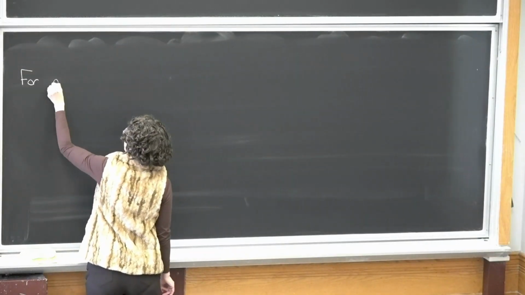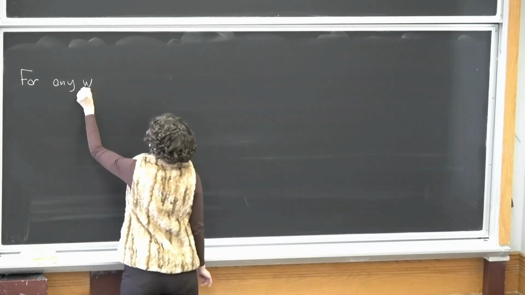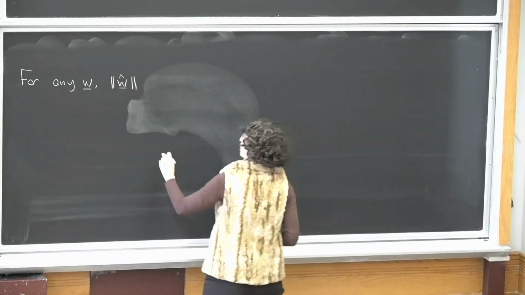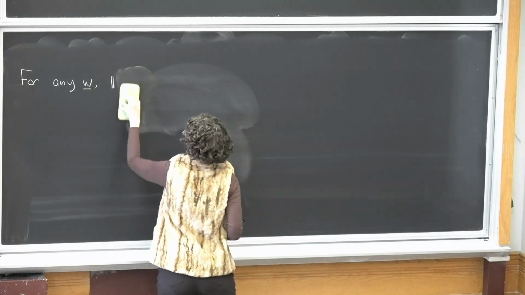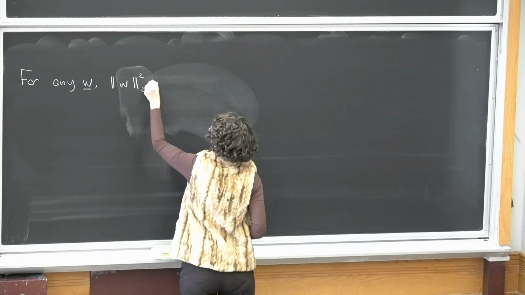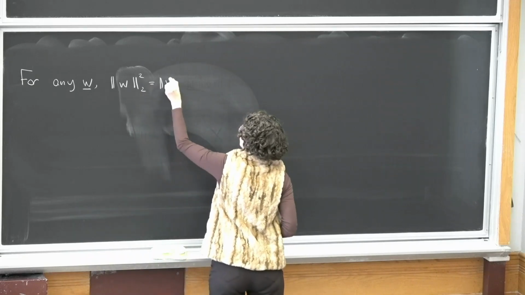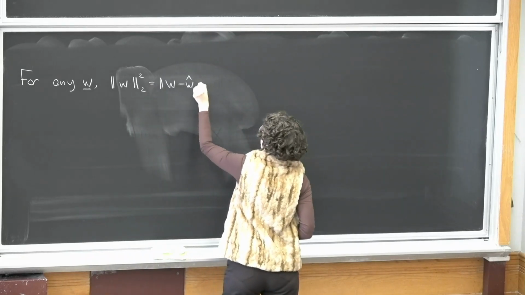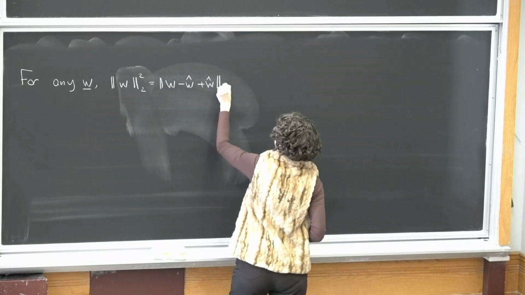If we just consider any weight vector w, I can write that the norm of that w that I choose is equal to the norm of w minus w hat plus w hat, like that.